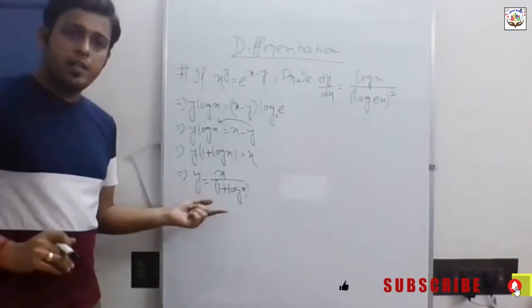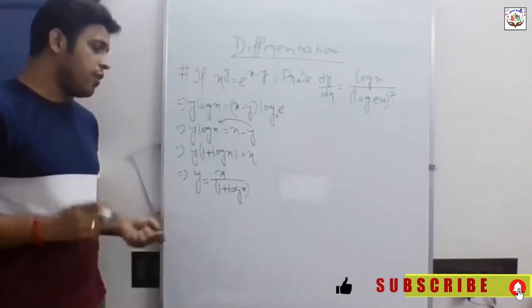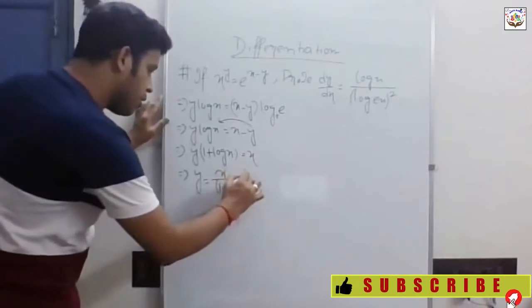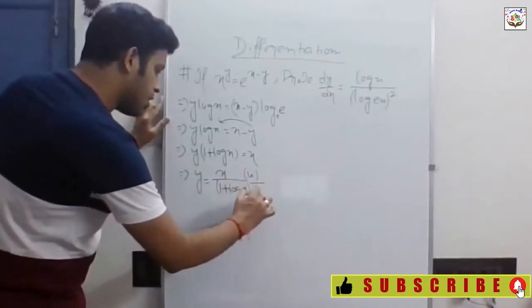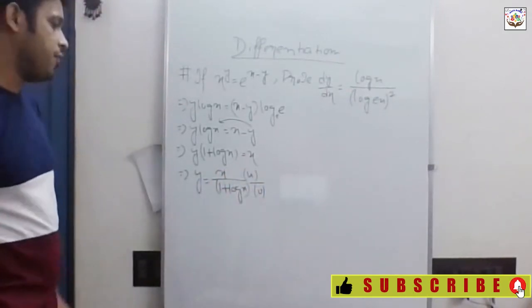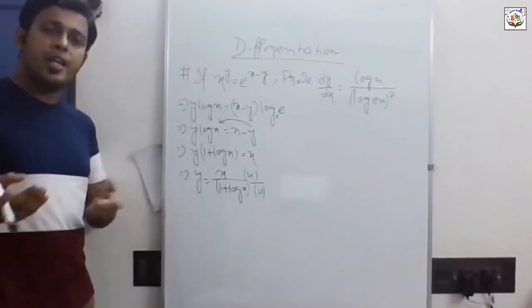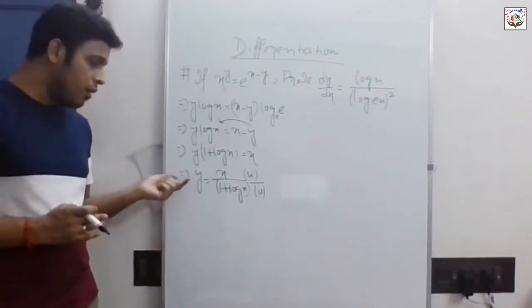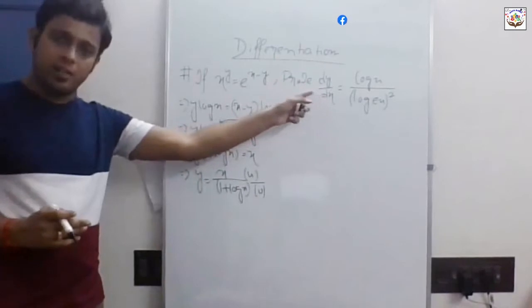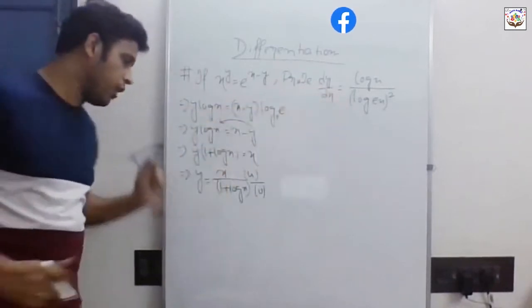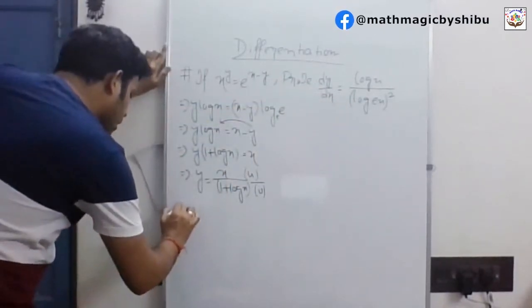As you can see, we can now apply the formula of u by v, as this is one function, an algebraic function, and this is another function, a logarithmic function. So if we apply the formula of d/dx of u by v, we will be able to get the value of dy/dx, and we need to prove this one also.